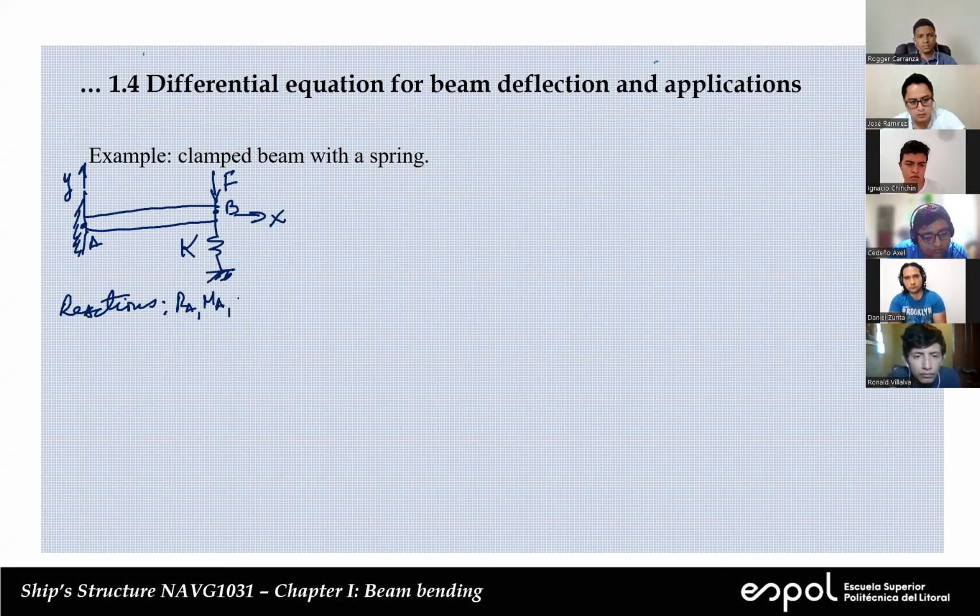Reaction in B and K. Okay, so that's from the spring. That's 3. You said 4. K is not a force, K is the constant of the spring.